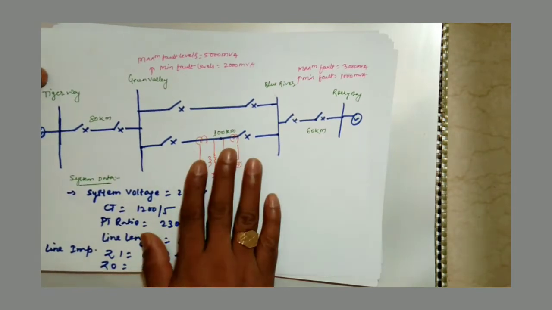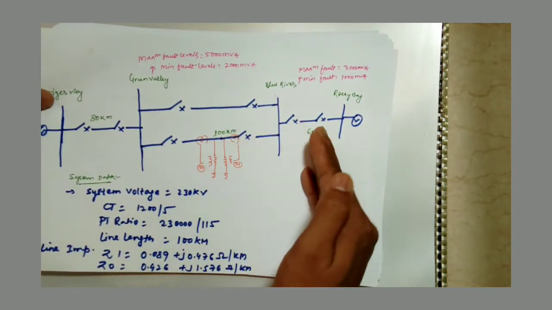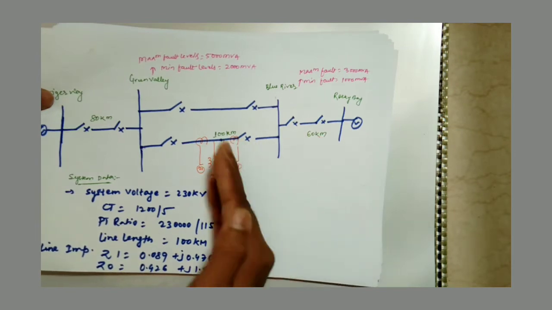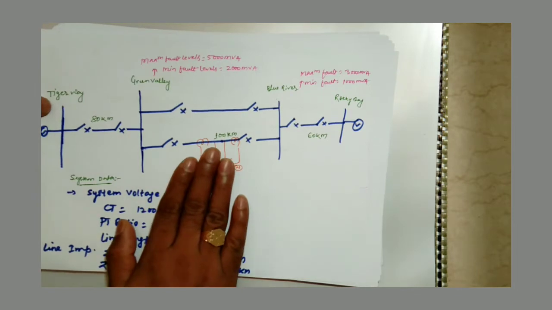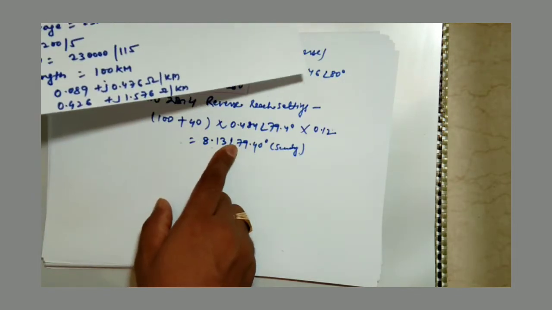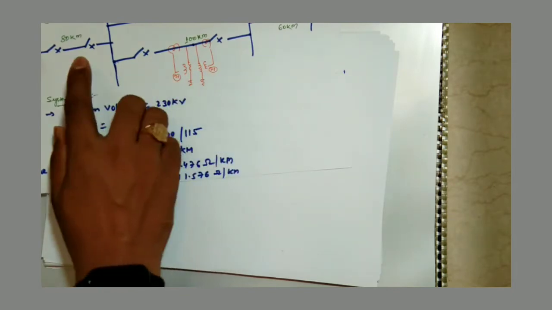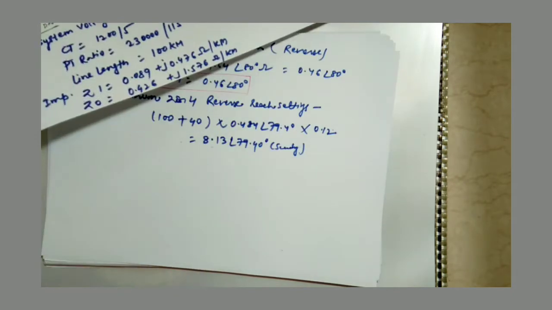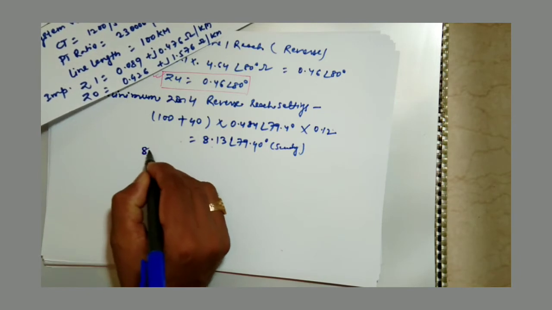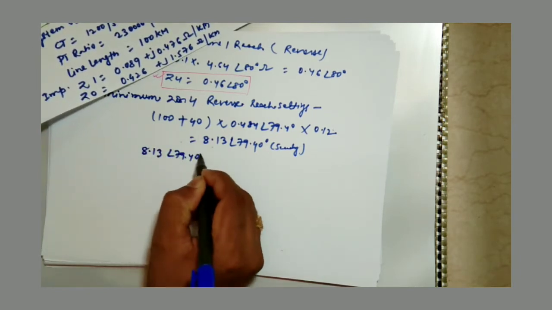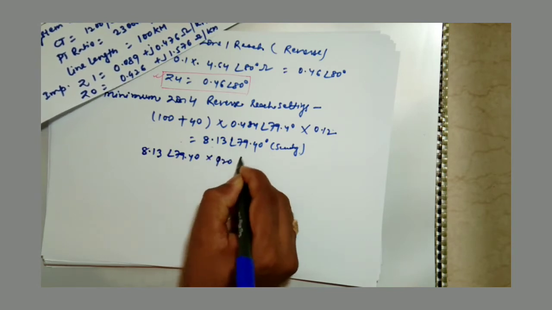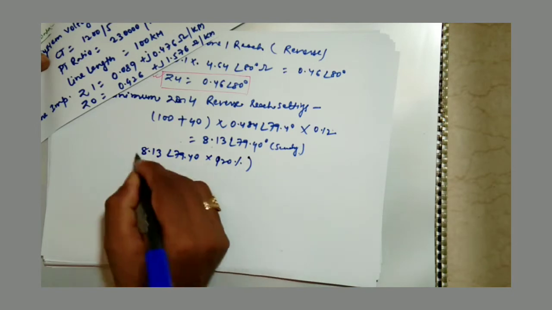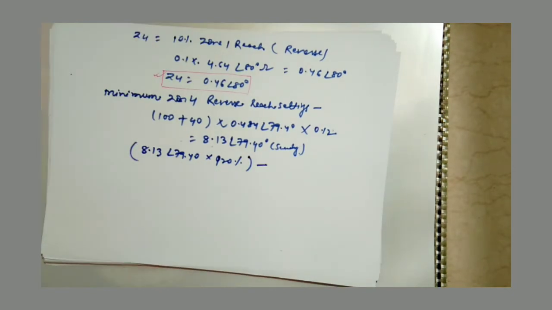Since we have set the value for zone 2 as 100 kilometers plus 50% of this line length, in the reverse direction we also have to set the reverse direction zone. That means this value, the minimum zone 4, we have calculated up to 50%. So this value will be 120% of this line length. That means 8.13 at 79.4 degrees, 120%, minus the total line impedance.